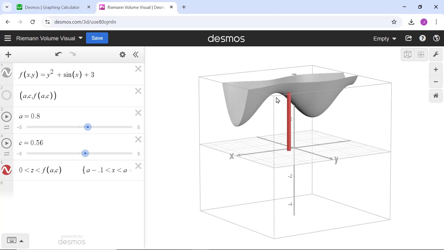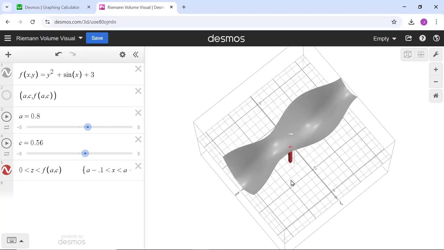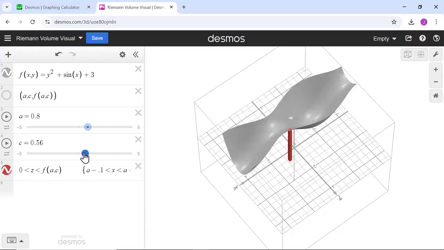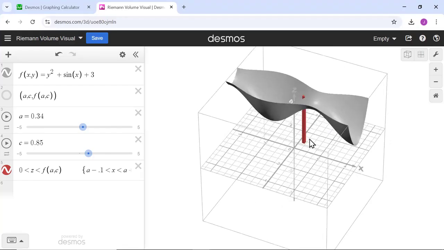Sum a bunch of those up, and that's going to give me volume. So summing up a bunch of those bars gives me volume over a specific area. And again, depending on what area, we just make a bunch of bars over whatever region is bounded out in the XY plane.